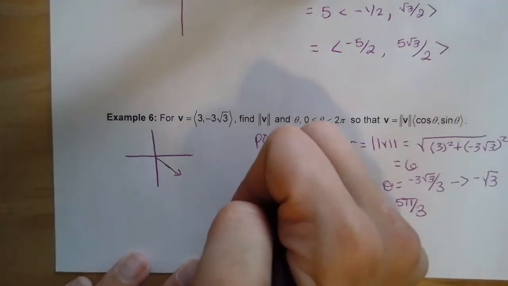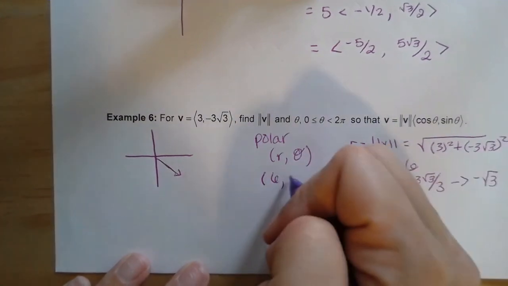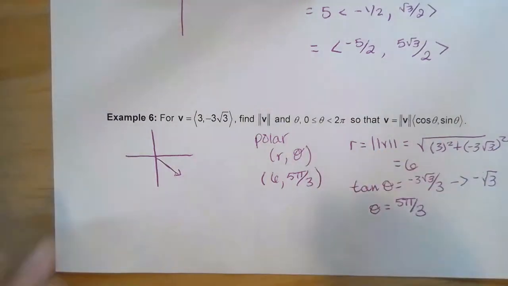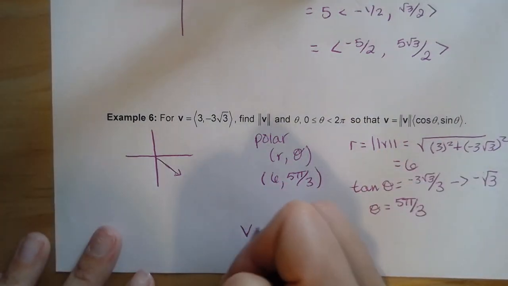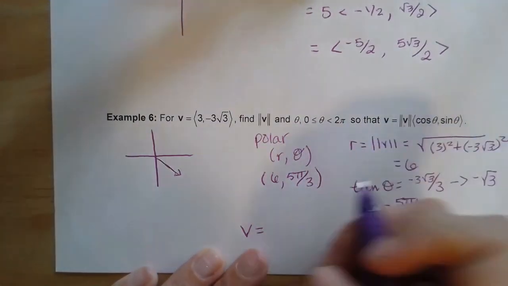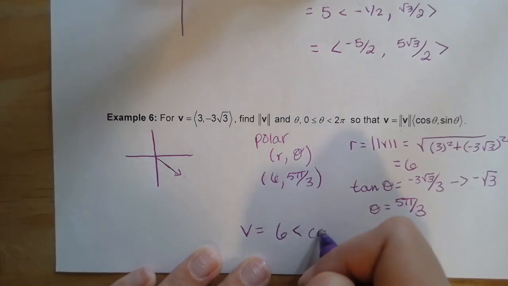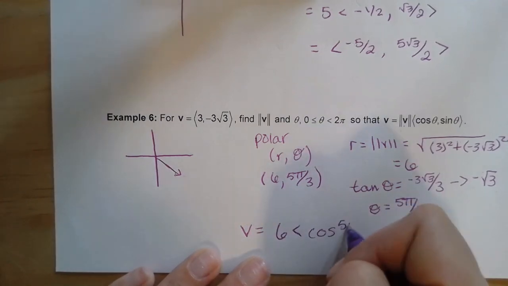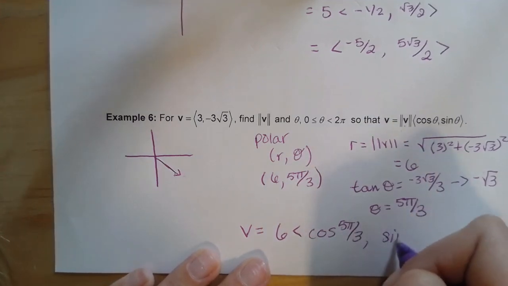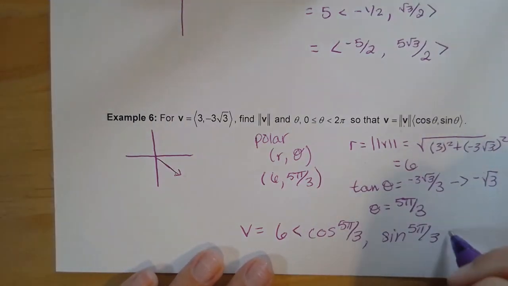All right, so we know our polar form is 5 pi over 3, and now we can put that into our magnitude form here. So the magnitude of v is 6, and then we would get cosine 5 pi over 3, comma, sine 5 pi over 3. And that's how they want us to leave it, guys. So this would be our answer.